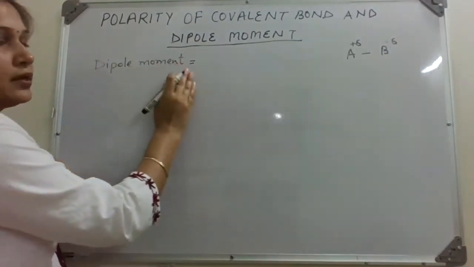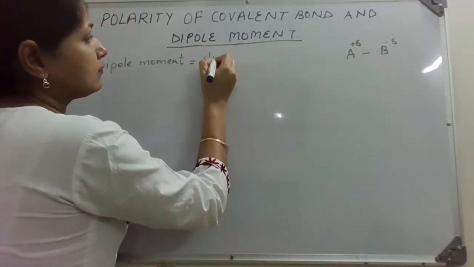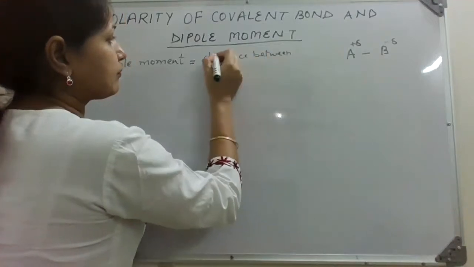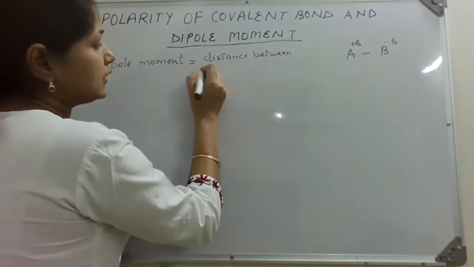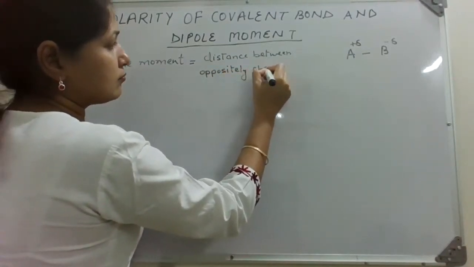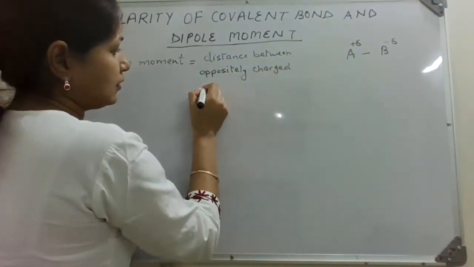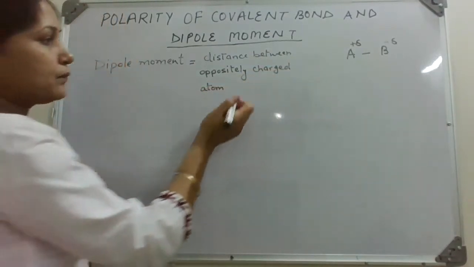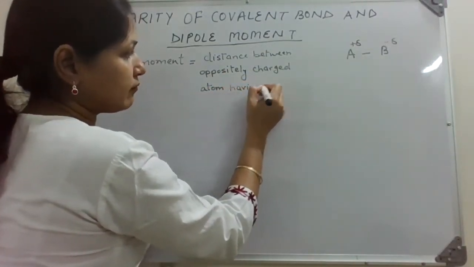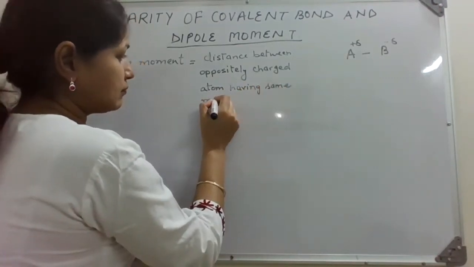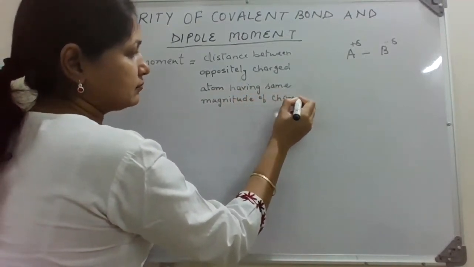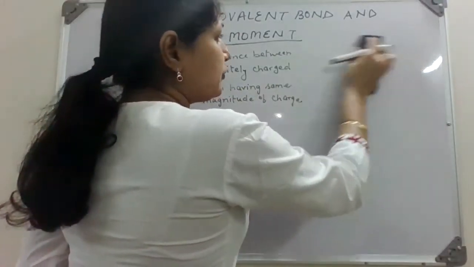So we can write, dipole moment is equal to the distance between oppositely charged atoms, because it is partial charge, having the same magnitude of charge, multiplied by the magnitude of charge.